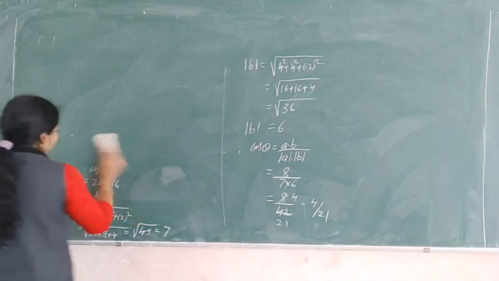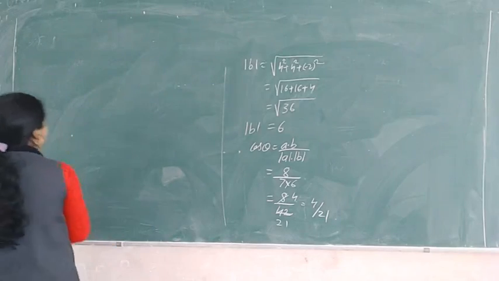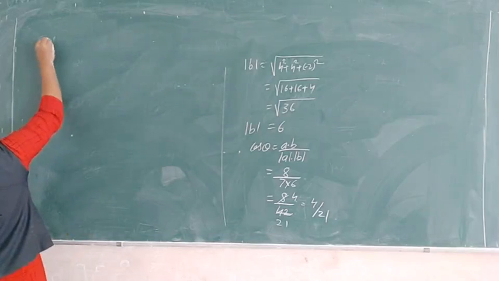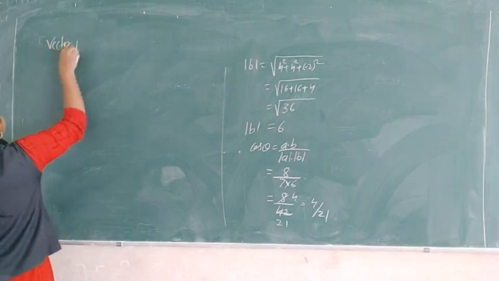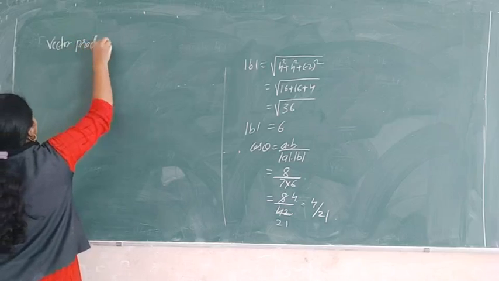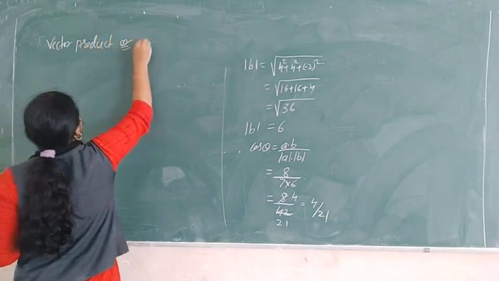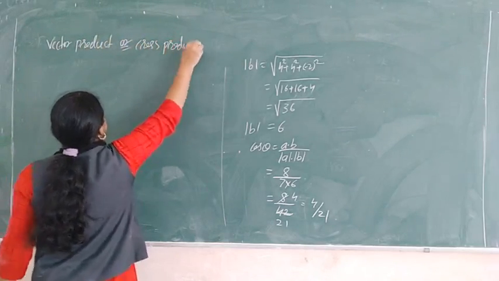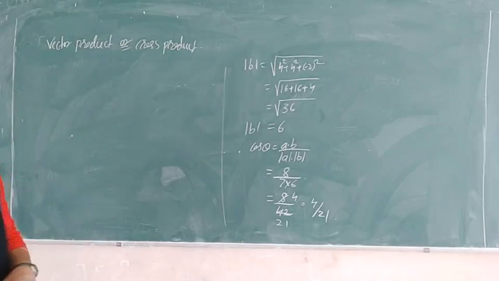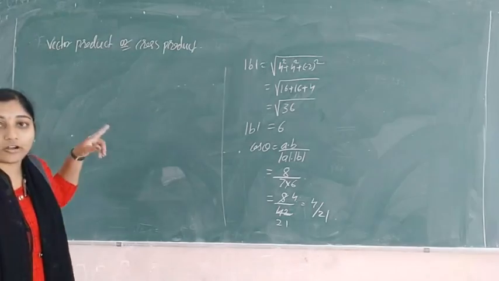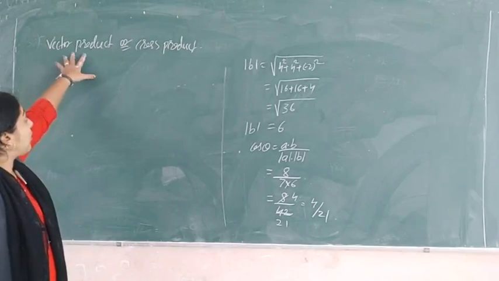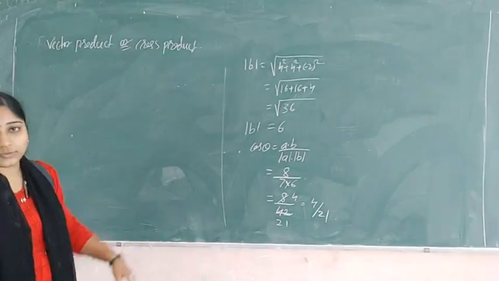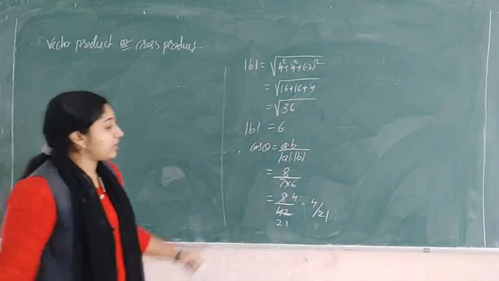Next we are having vector product or cross product. There is a difference between both. In the first one we have scalar product or dot product; either we can call it scalar or dot. Here we can call it vector product or cross product. Now scalar product is given by what?